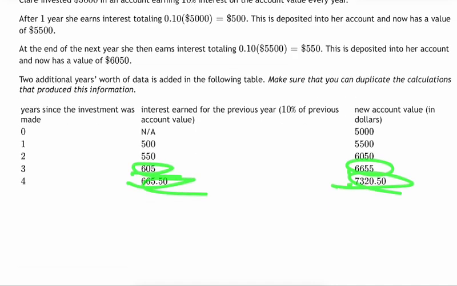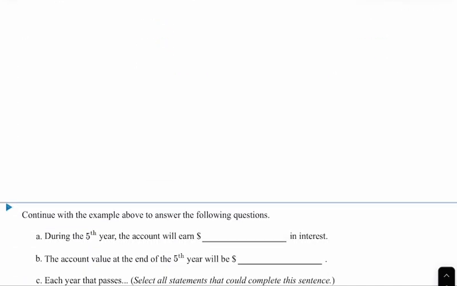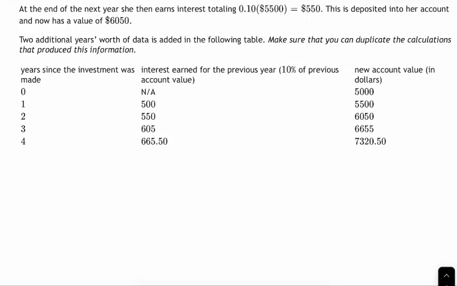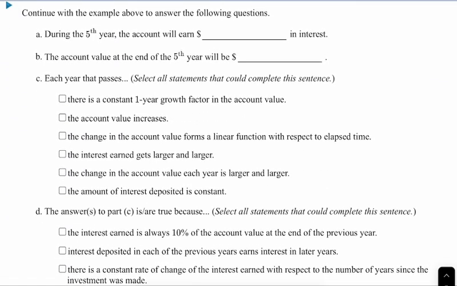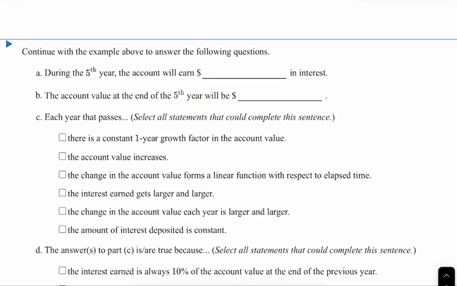Okay. So the first block there says, if we continue with the example above, during the 5th year, the account will earn how much more in interest? Since mine was 10%, yours might be a different percent, but if it's 10%, since we ended on that 7320.50, we need that 7320.50.